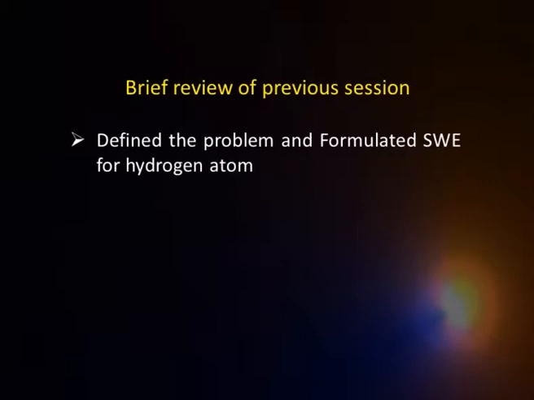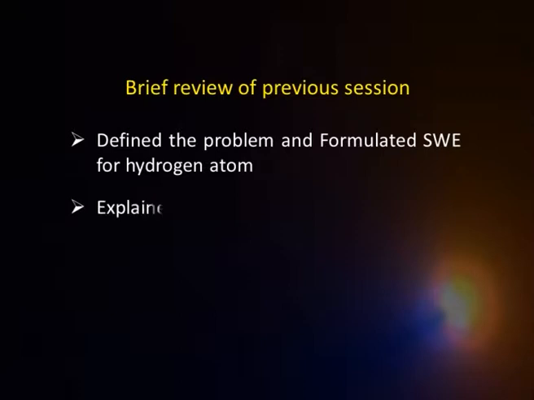Let us make a beginning by recalling what we did in the previous session. You would recall that in the previous session we defined the problem of the hydrogen atom. We realized that it is a two particle problem, with a nucleus and an electron, and it was difficult to solve because a two particle problem has about 6 variables in the equation.